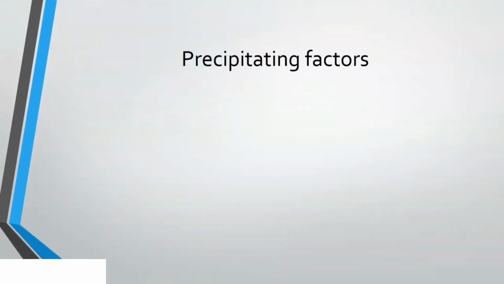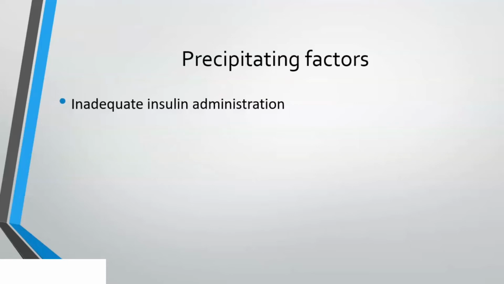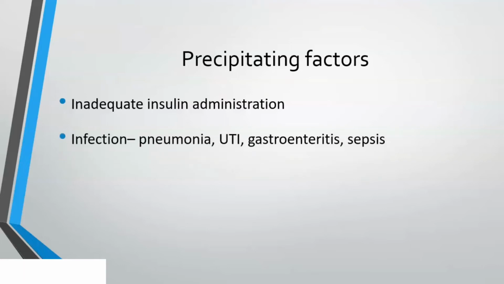There are precipitating factors: inadequate insulin administration, persistent skipping of insulin doses, or suboptimal insulin dosing can predispose an individual with DM to DKA. Infection has also been identified as a predisposing factor.